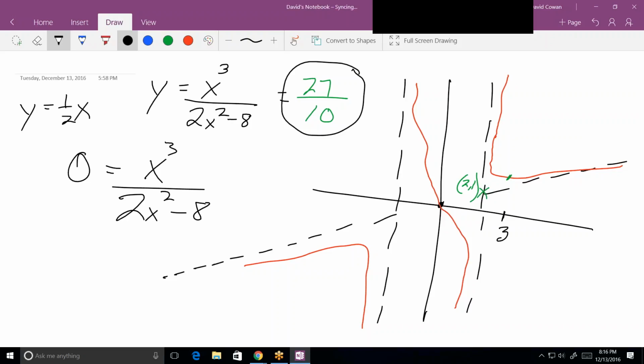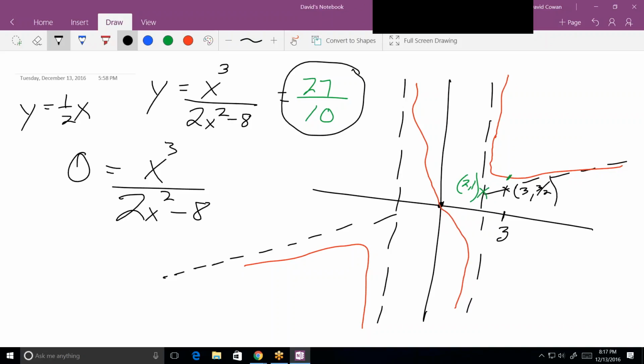I can figure out the coordinates of that point on the asymptote. It's 3/2, so that point is 3, 3/2. And when I plugged 3 into the original function, I got 27 over 10, which means it has to be above this oblique asymptote. So that's why I know it's the red and not the green.